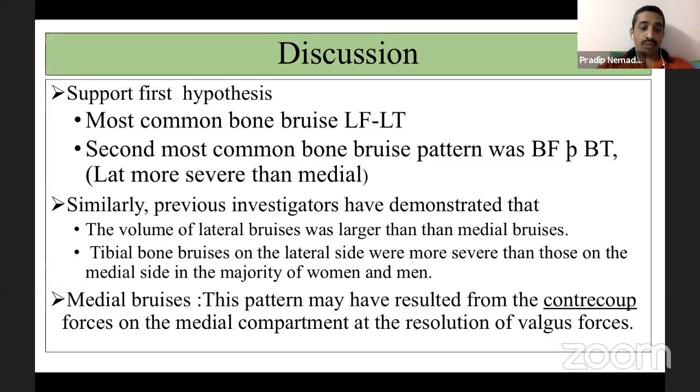However, the authors try to explain why the medial bone bruise pattern occurred. They said that it is the countercoup force on the medial compartment after resolution of the valgus force. Once you have valgus force and then the valgus force resolves, the medial side will have countercoup force, and that might be the reason for the medial bruise pattern as per the authors.